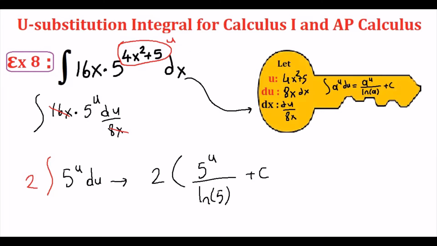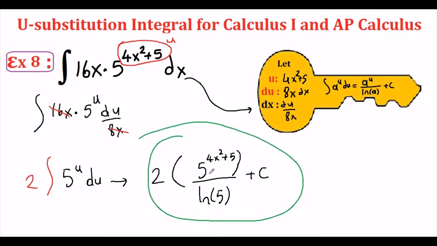And our u is 4x squared plus 5. So this is our answer: 2 times 5 to the 4x squared plus 5 over ln of 5 plus c, using this template integral.